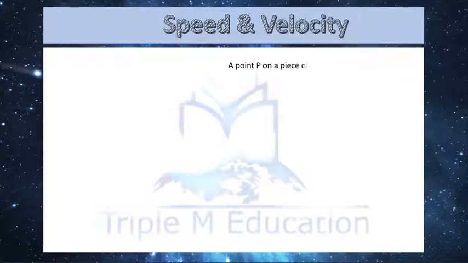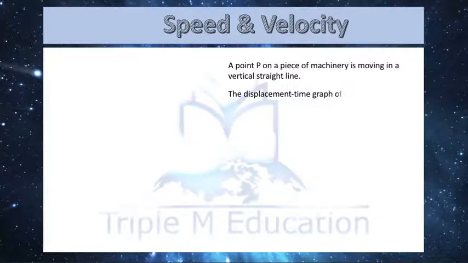Consider a point P on a piece of machine that is moving in a vertical straight line. The displacement of P above ground level at a time t seconds is y meters.